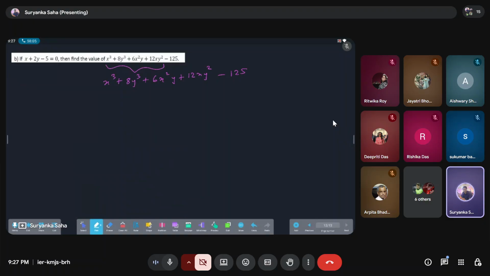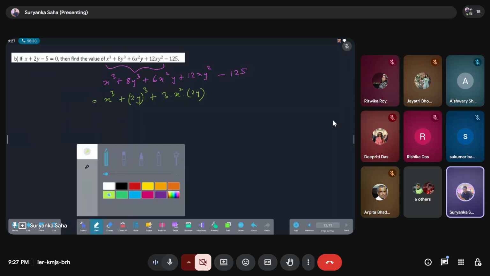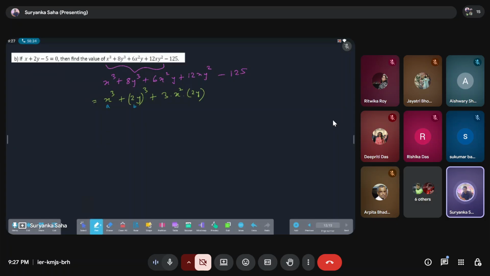We can write x cube plus 8y cube as 2y whole cube, plus 3a square b plus 3ab square, you can write 3ab(a plus b), whatever you want. So this is 3a square, a is x, and b is 2y. See over here, this is your a, and 2y is your b.